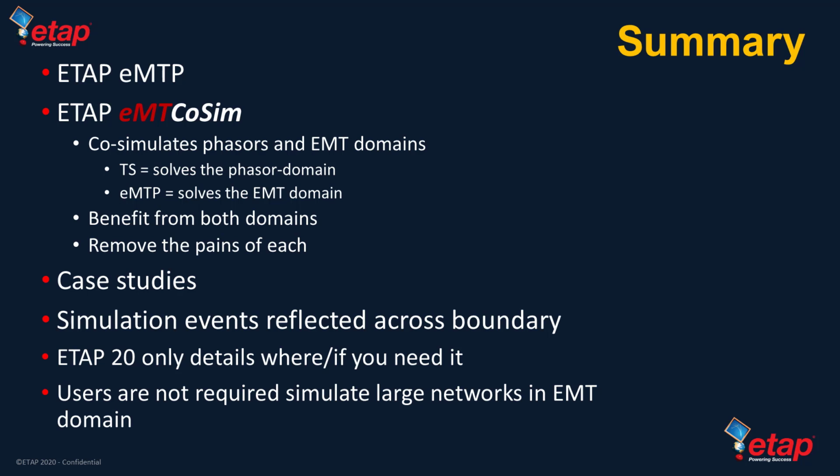We encourage the use of teams to make each model and let eMTCoSim stitch the models together for you. And finally, in ETAP 20, you can have high fidelity, waveform level detail only where you need it. This is new and now possible with eMTCoSim.